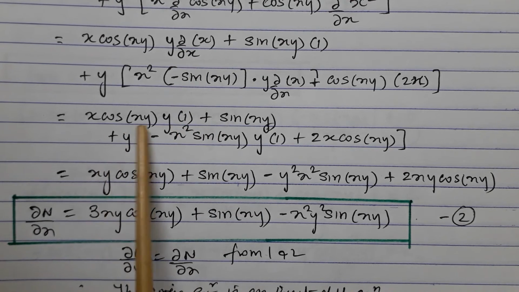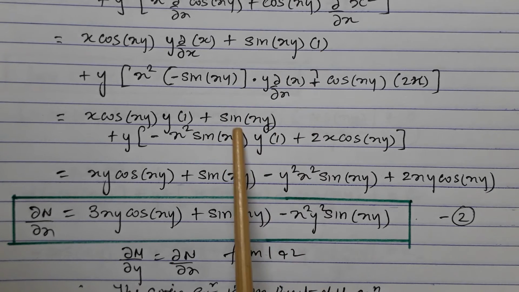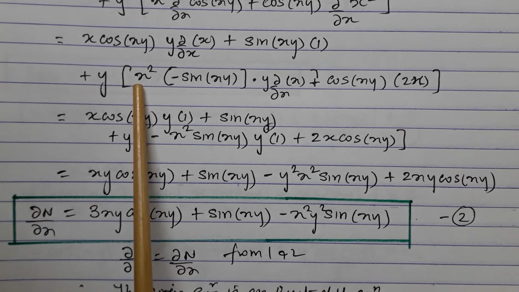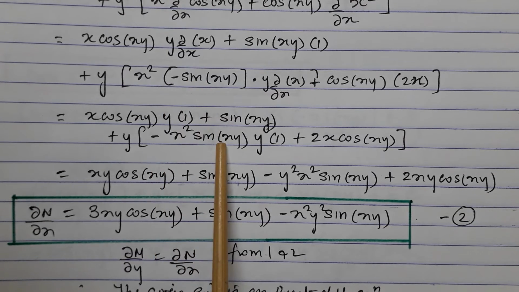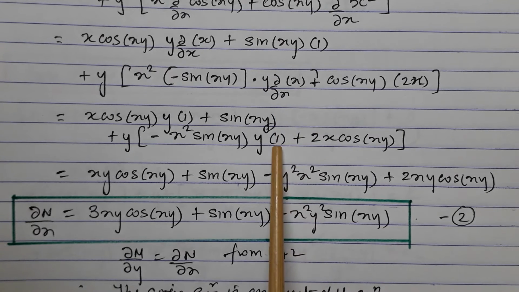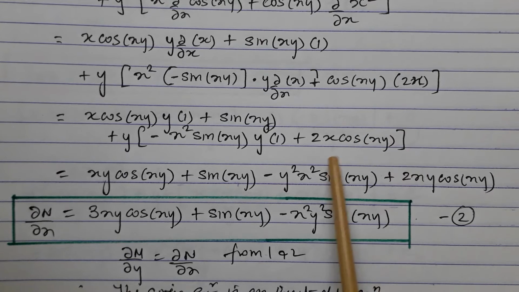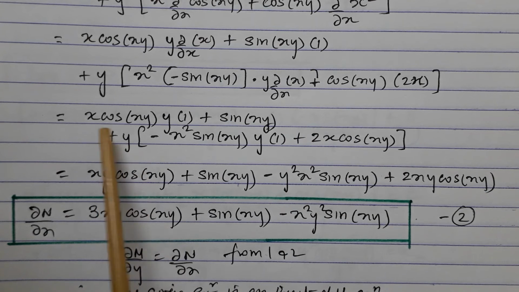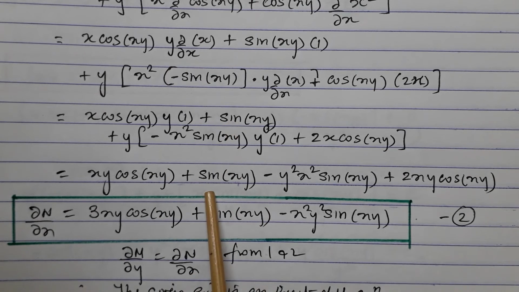So this would be x cos xy into y into 1 plus sin xy into 1, that is sin xy, plus y into bracket x square into minus sin xy, that would be minus x square sin xy into y del by del x of x is 1 plus cos xy into 2x, which we write as 2x cos xy. So now we can write this as xy cos xy plus sin xy.